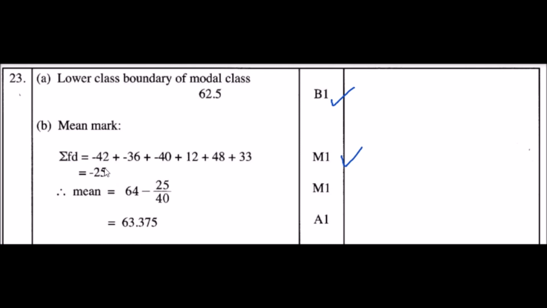That means you have done a lot of background work, which you may end up getting wrong. You get another mark for calculating the mean, that is the method, and you get 1 mark for the answer. This is the method mark, and this is the bonus mark. So you get 4 marks in that section.